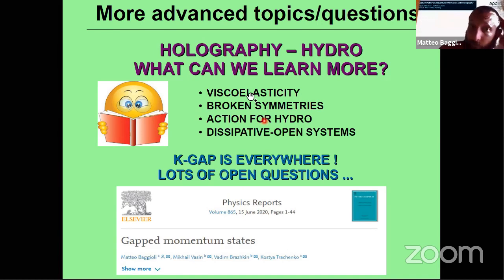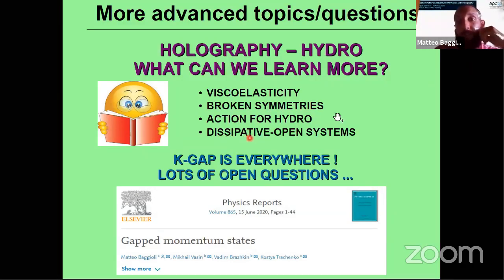Most of the questions are related to the addition of elasticity and the interplay. The second question is related to broken symmetries or new symmetries in general, like, for example, emergent topological symmetry, or breaking rotations, spacetime symmetries, or chiral hydrodynamics, et cetera. One other thing, which I think is also a formal development that in the last year is very popular, is finding an action for hydrodynamics, and holography was a key spectator in this.